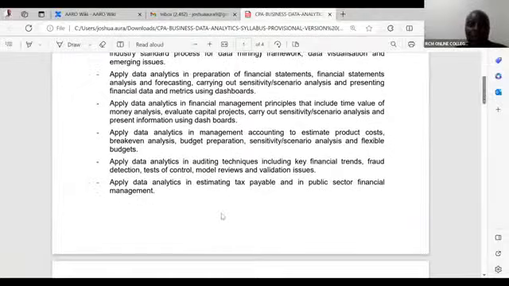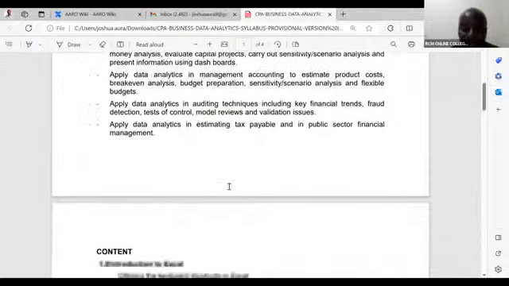Ladies and gentlemen, we have learning outcome number 5: apply data analytics in estimating tax payable and in public sector financial management. So public sector financial management, we shall be looking at basically budgeting, variance analysis, etc.